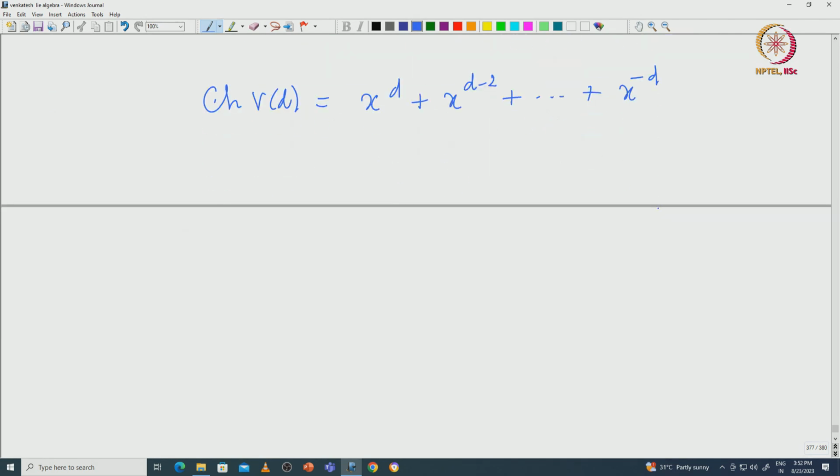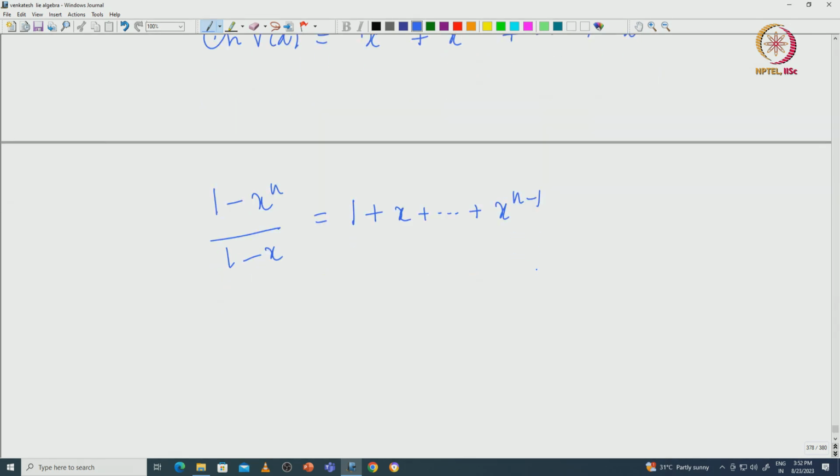If you use the expansion for 1 minus x power n divided by 1 minus x, you can see that this is exactly 1 plus x plus etc. plus x power n minus 1. One way to prove this is to multiply both sides by 1 minus x.